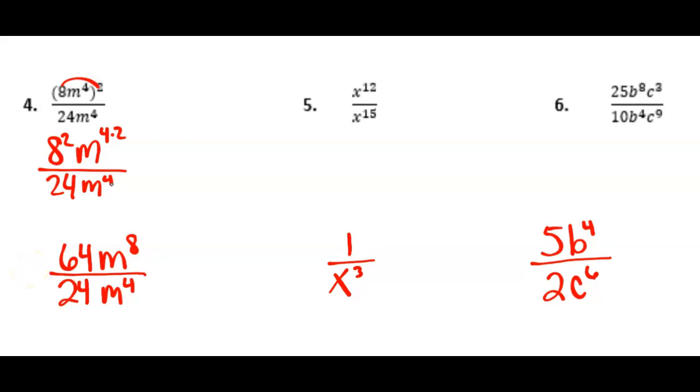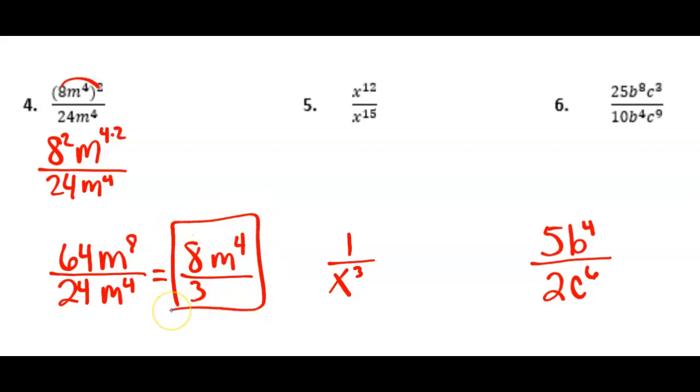So what's that answer going to be equal to? What can I take out of both the 64 and the 24? I can take an 8 out. So I've got 8 and 3. And then 8 minus 4, because they're on top of each other, so they could be subtracted, would be m to the 4th. Okay, so that, my friends, is my final answer.